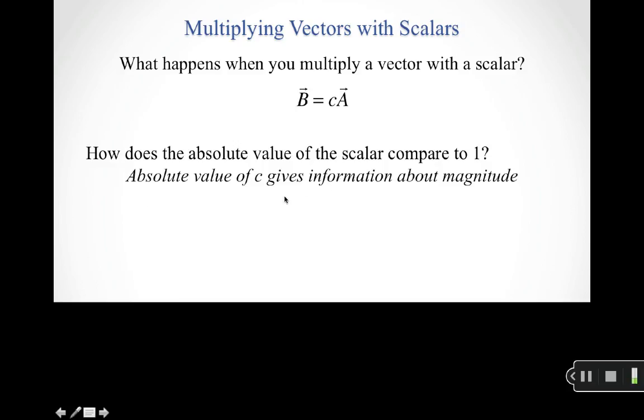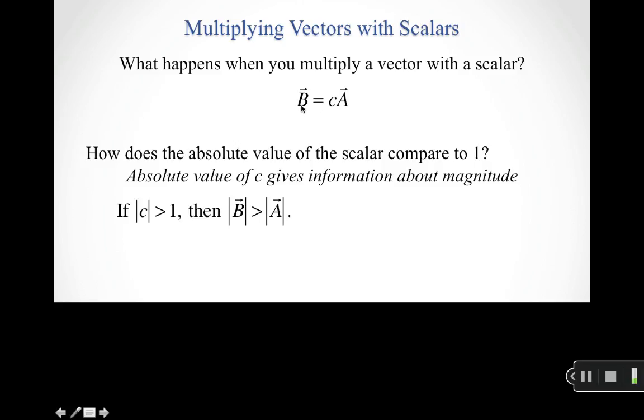The absolute magnitude of my scalar is going to tell me how the lengths of these vectors compare. I think about the absolute value of C. I don't care about sign now, but how does that number compare to 1? If the absolute value of C is greater than 1, such as when we multiplied by positive 1.5, then I'm going to end up with a magnitude of vector B that is larger than the magnitude of vector A, and that seems reasonable.